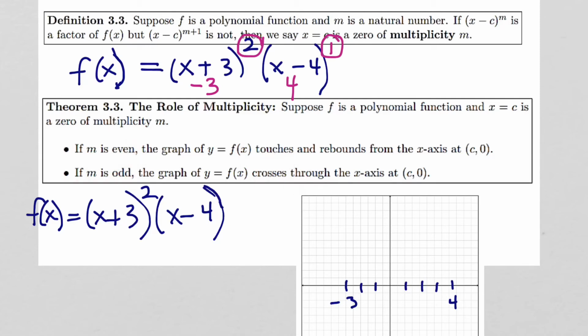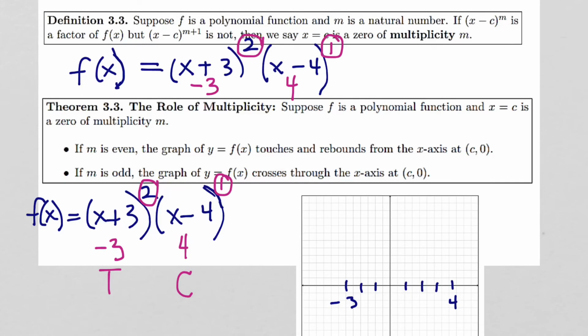Now let's illustrate that with a simple example. On the first factor, my 0 is negative 3. It has an even multiplicity, so that means we touch and we bounce back off. For the second factor, my 0 is 4. It has an odd multiplicity, which means we cross over the x-axis. That would be like a line.